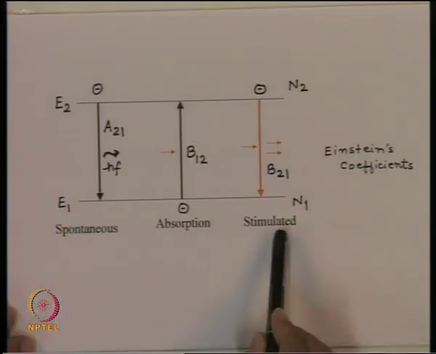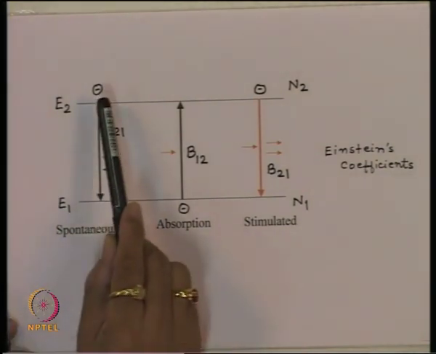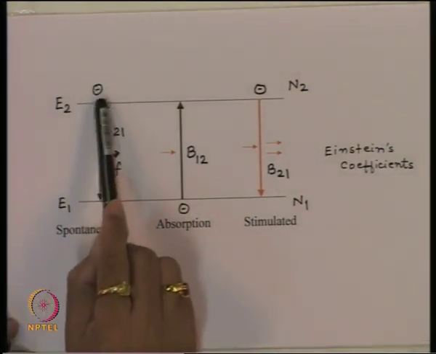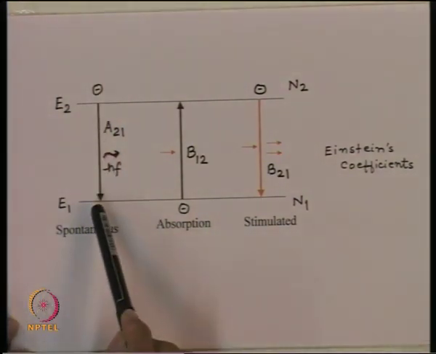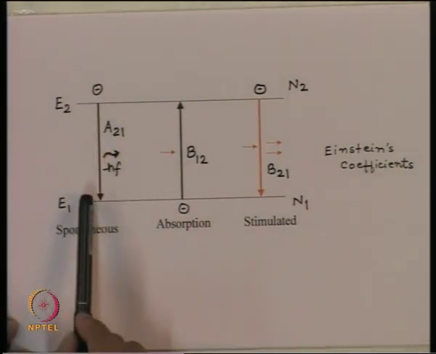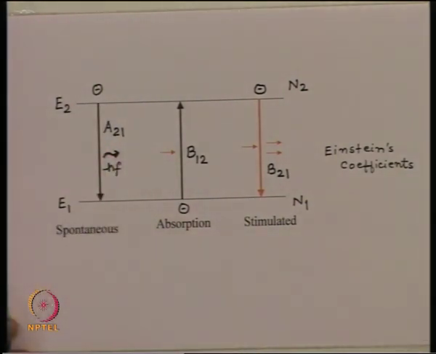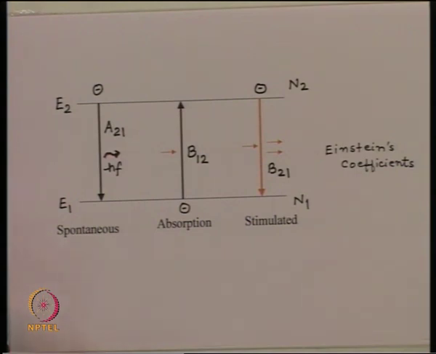One is what is called the spontaneous process, the other one is the absorption process, and the third one is the stimulated process. We saw that if the electron is in the excited state, then naturally it has a tendency to relax to the lower energy state, and in this process the energy difference is released in the form of a photon, and this transition probability is given by this parameter A21.